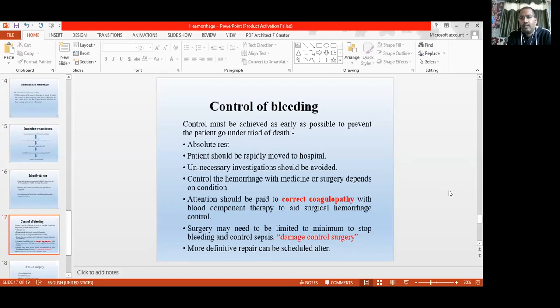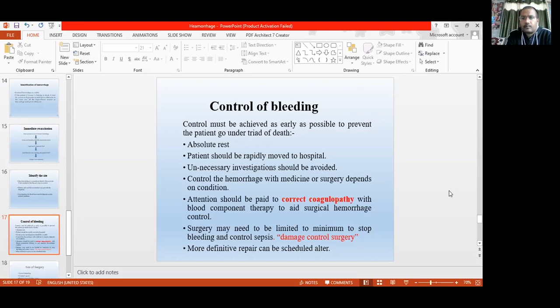So what are the measures for bleeding? It depends on the amount and site of the bleeding. In general, absolute rest is required if the patient is losing blood. Any kind of movement can aggravate the bleeding and can dislodge the blood clots, so absolute rest is very much required.